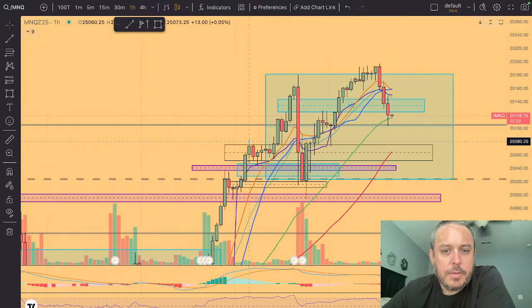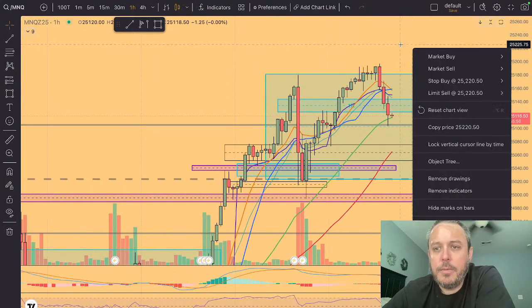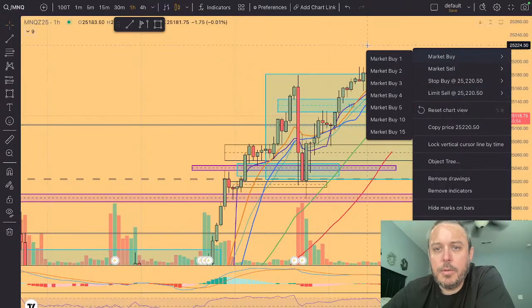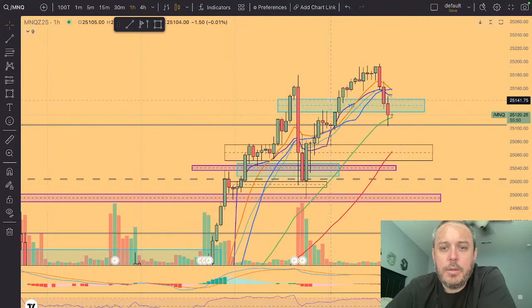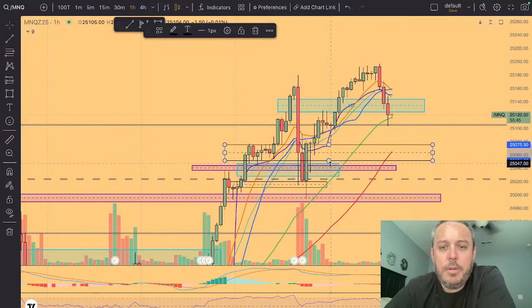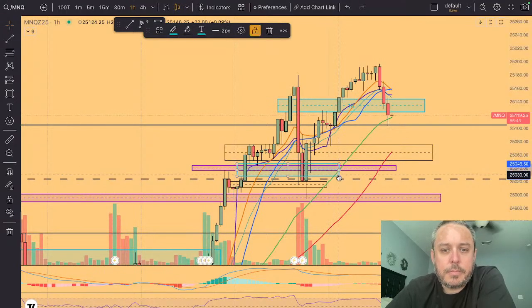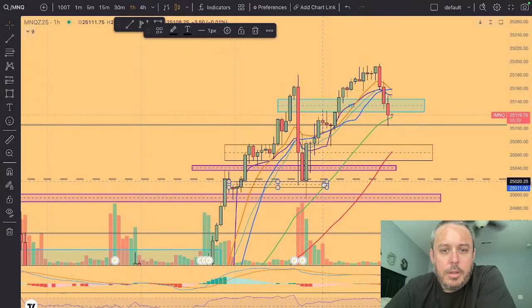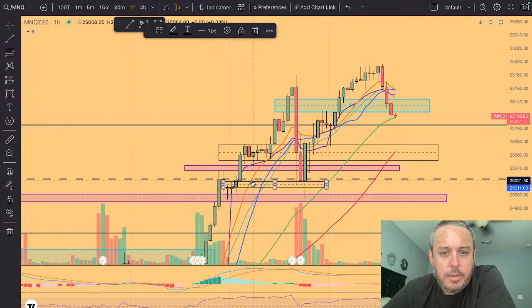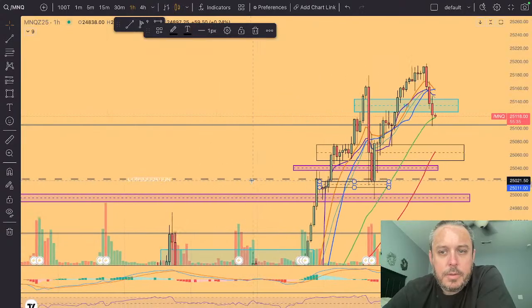So let's go ahead and mark off some levels and clean this up a little bit. Let's go ahead and delete that. Delete that. Can leave that. Delete that. This one will kind of rearrange a little bit.